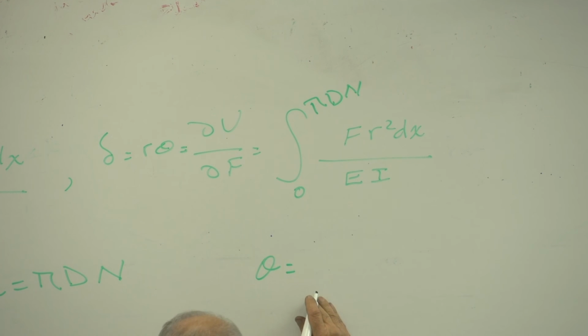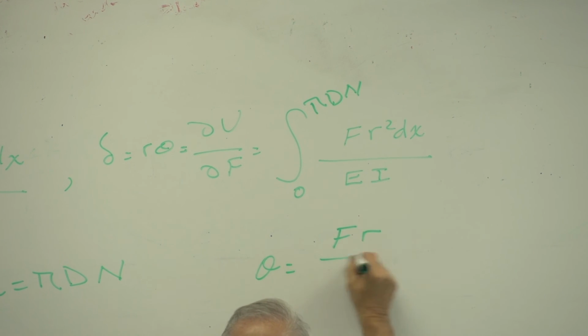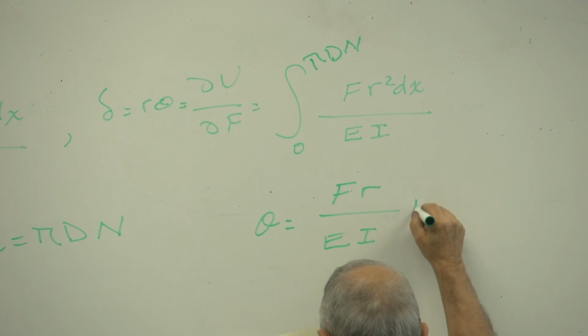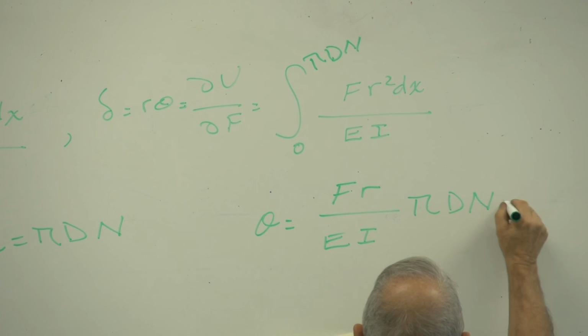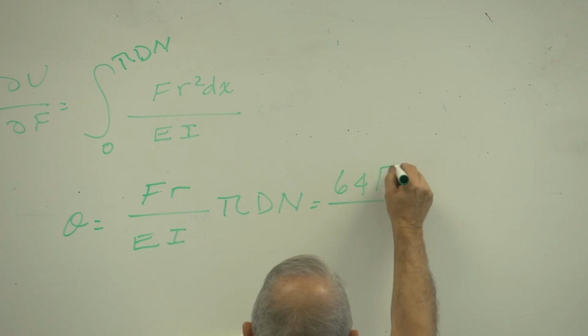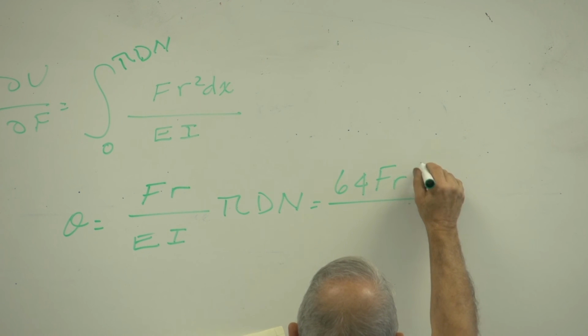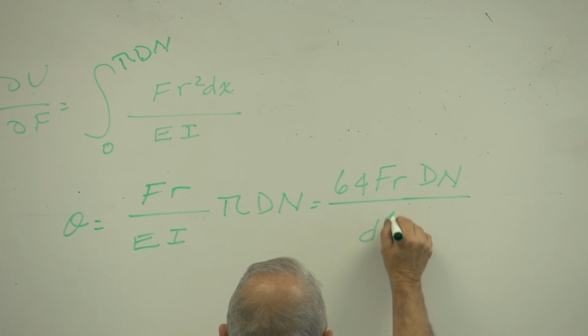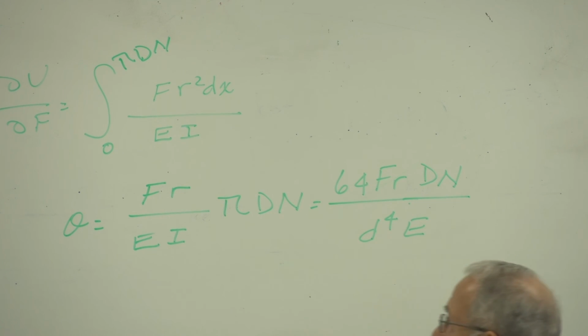Theta is equal to Fr over EI times pi dn, which is equal to 64 Fr dn divided by d to the fourth E. That's the angle of rotation.